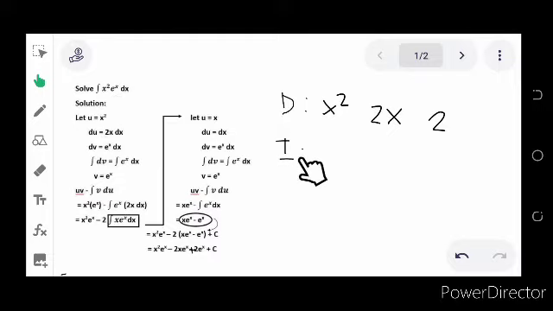Next, for the I, that's integrate, we are going to integrate the transcendental function, which is the natural exponential function. So we integrate immediately, unlike in the differentiation wherein you have to copy first the function. When you do the integration, integrate it immediately.